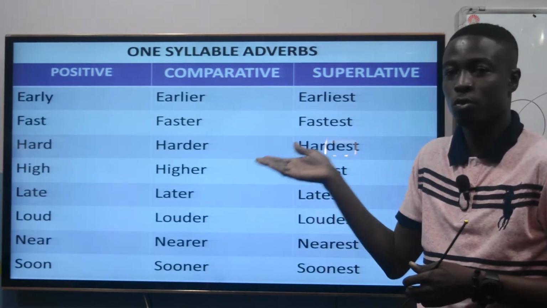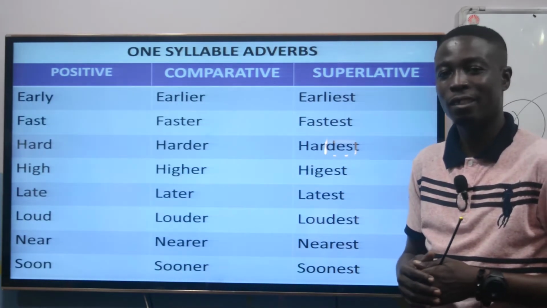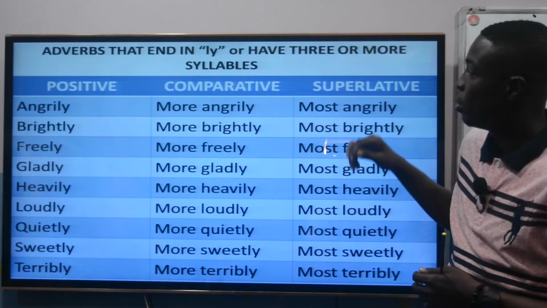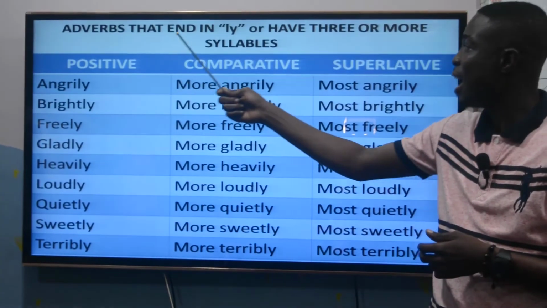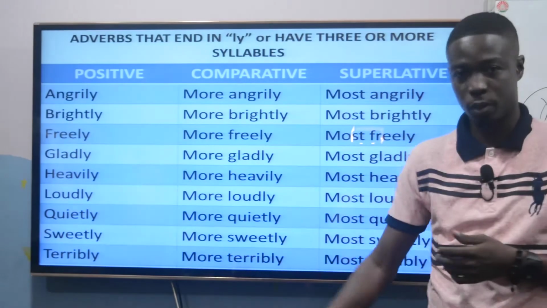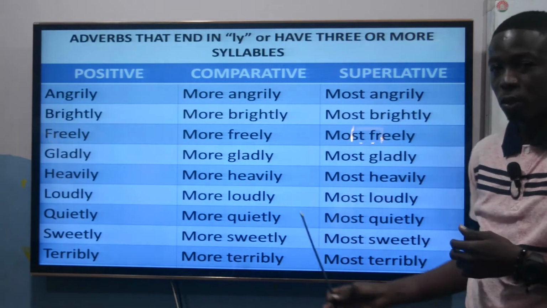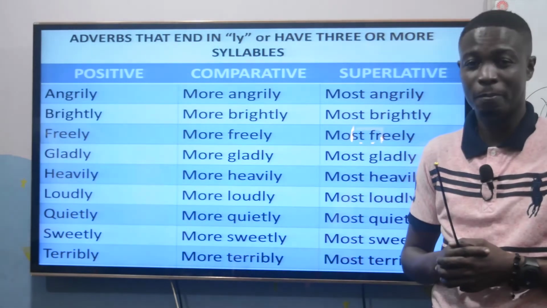Let's move on to the 2 or more syllable words and find how they form theirs as well. Like we said early on, adverbs that end in ly or have 3 or more syllables use more and most to form their comparative and superlative, respectively.